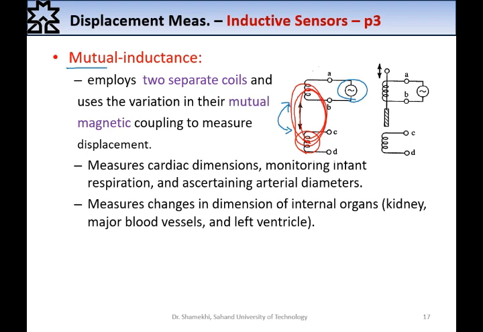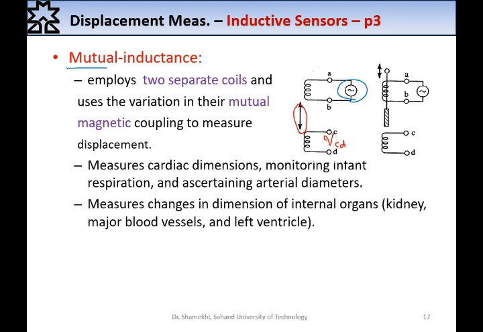We apply a voltage on A and B, and we can now read voltage from the C and D terminals, and the space between these two coils will affect the output voltage VCD. If these two coils are close together, the voltage will be increased, and vice versa.